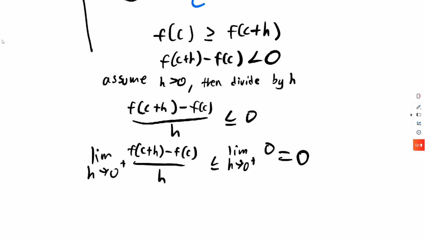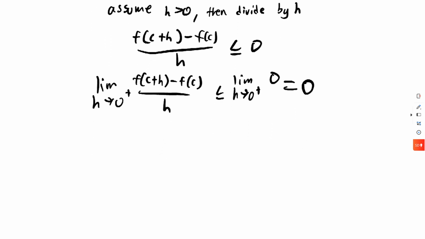And this is also equal to 0. And of course, this looks very familiar already, and I'm sure a lot of you have an idea of where this is going to go.